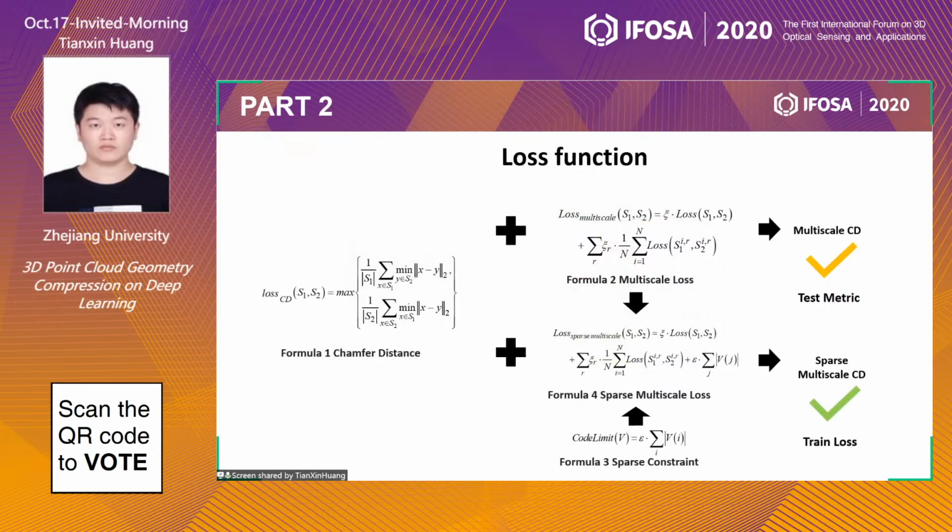And another very important work is our loss function. The most common loss metric for point cloud learning and reconstruction is the Chamfer distance. And in our work, we use multi-scale loss to evaluate loss at different scales.